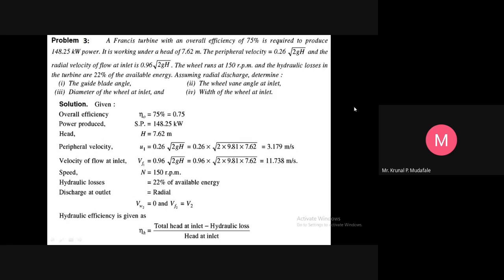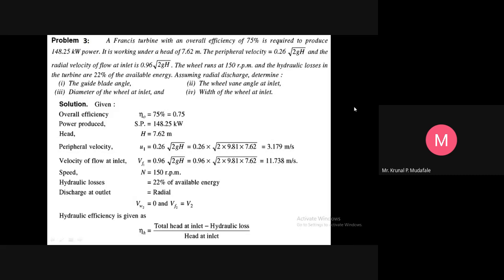A Francis turbine with an overall efficiency of 75% is required to produce 148.25 kilowatt power. It is working under a head of 7.62 meter. The peripheral velocity is equal to 0.26 into under root of 2gH, and the radial velocity of the flow at the inlet is 0.96 into under root of 2gH.